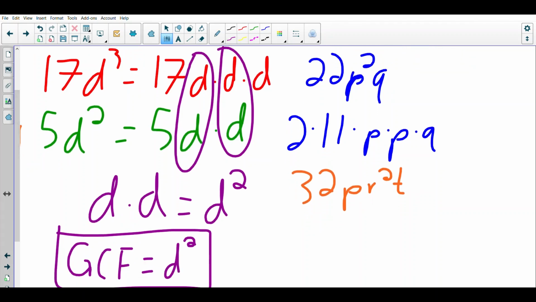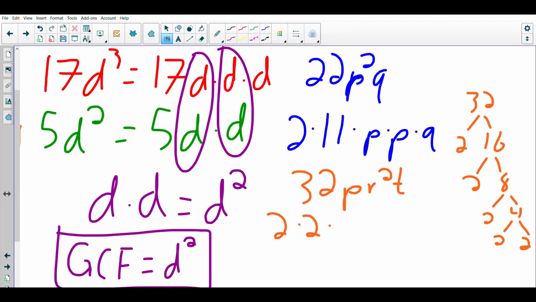Now let's do a little scratch work. 32, let's see, we have 2 times 16, 2 times 8, 2 times 4, and then 2 times 2. I'm just showing a way to do it. So it's 2 times 2 times 2 times 2 times 2. Then we end up with p times r times r times t.